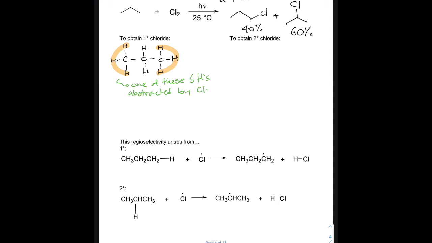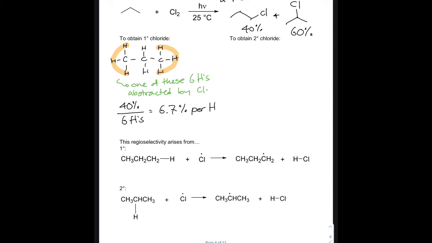So let's think about the yield per hydrogen in propane. In total we got 40% of primary chloride, but that could have been due to the abstraction of any of these 6 hydrogens. So per hydrogen we have a yield of about 6.7%, right?